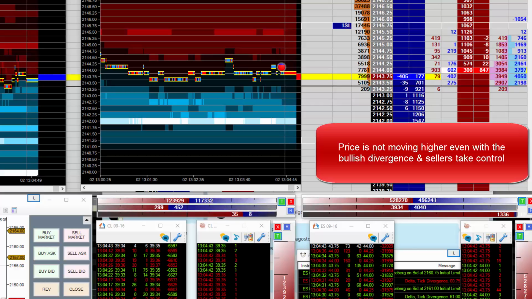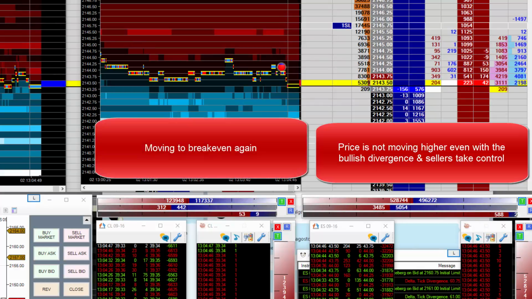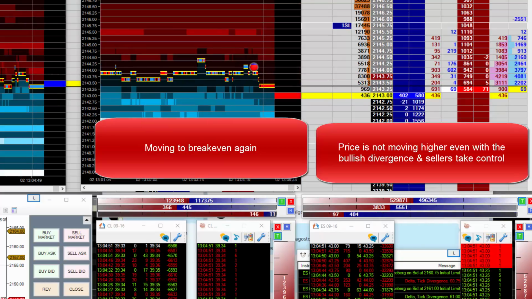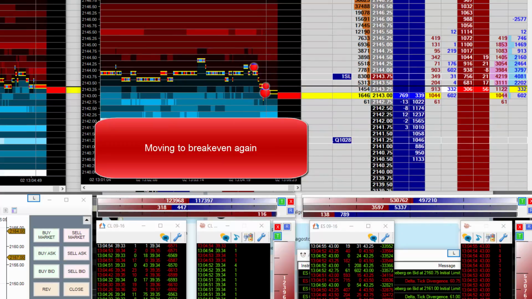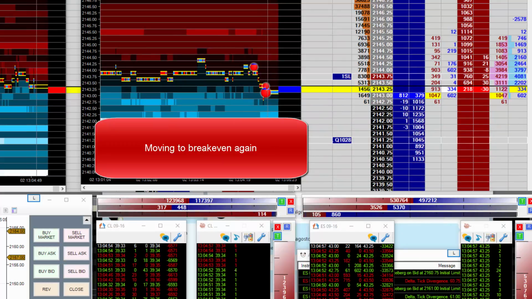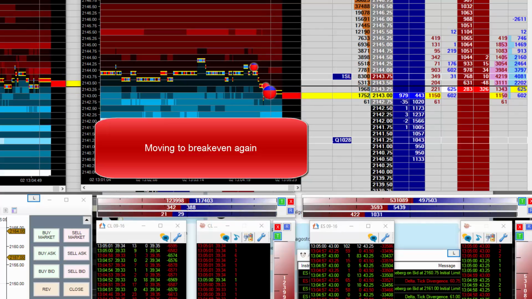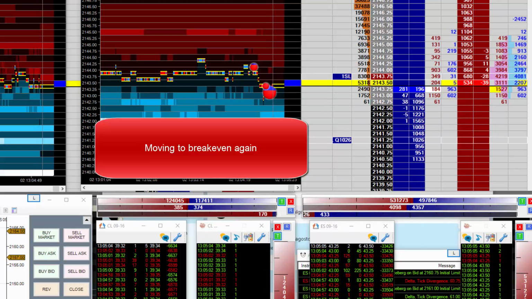As soon as I see that red bubble there, I think that okay, the trade is going to be profitable, and the automatic break even moves the stop loss to break even. So now I see that seller's bubble building up, and I'm thinking, okay, so let's see a push down.